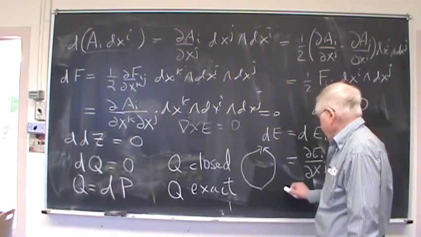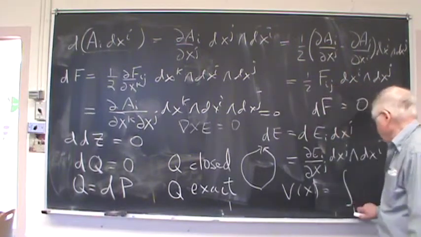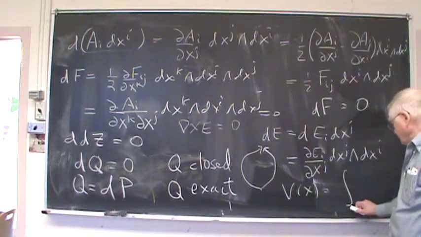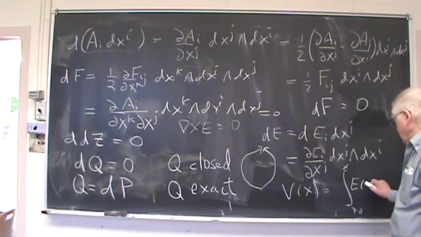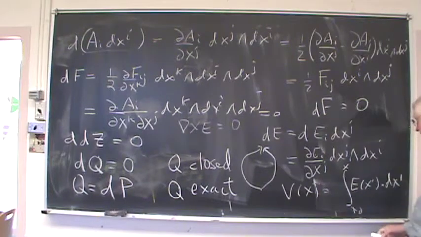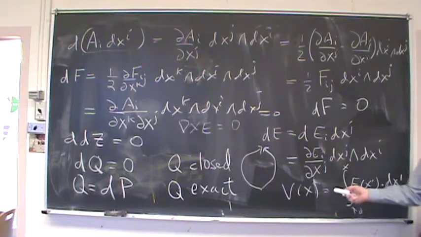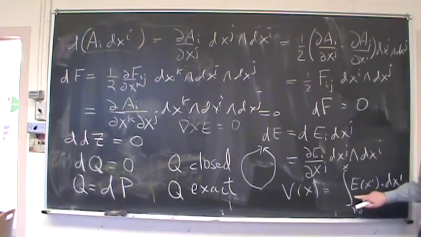The way you do that is you define V of x as the integral from some reference point x0 up to x of E of x prime dot dx prime. Ordinarily this would be path dependent. Even if the curl of E didn't vanish, you could define this, but it would depend on the path.